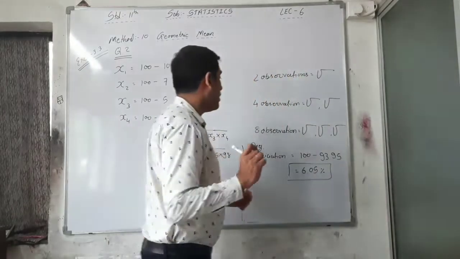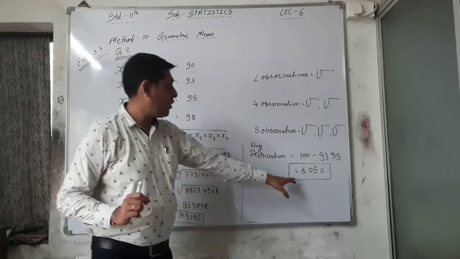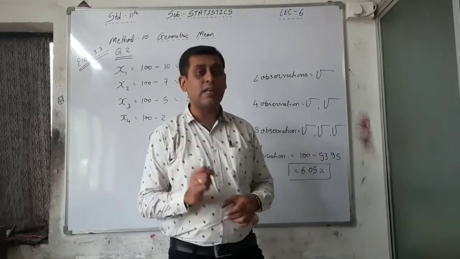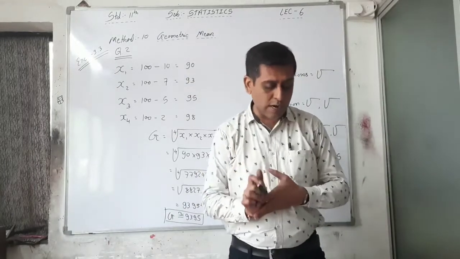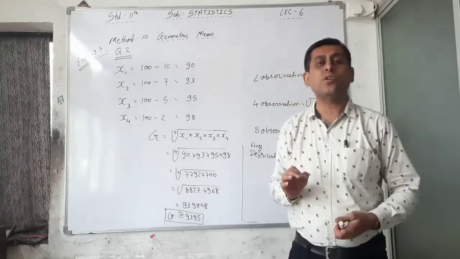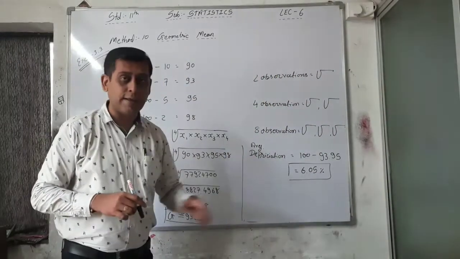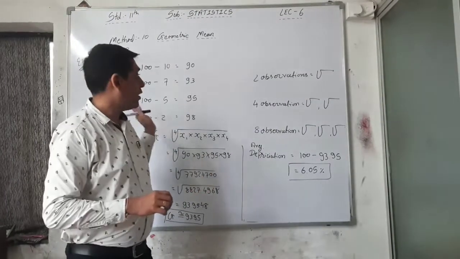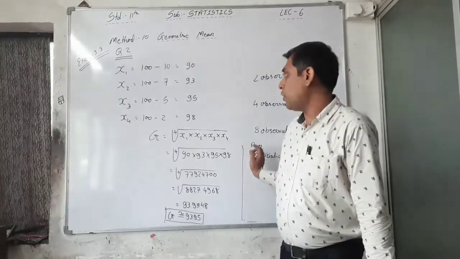That's why here again I am subtracting 100 minus the answer, and we got the average depreciation, that is 6.05. And your final answer that you have to write that the average rate of depreciation is 6.05%.